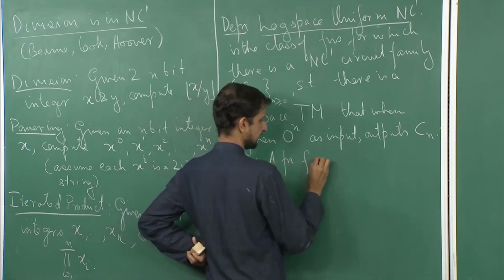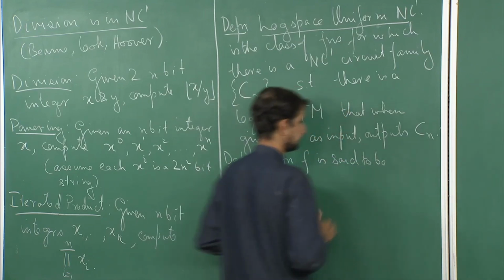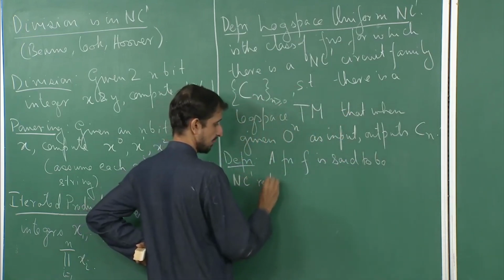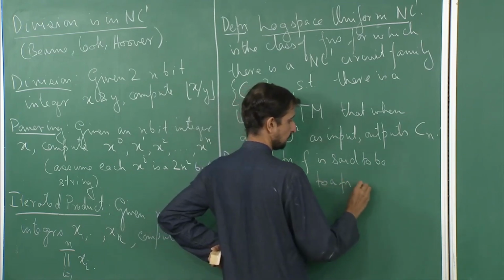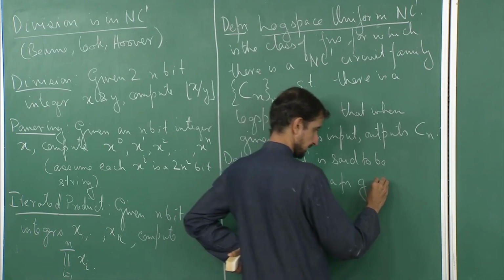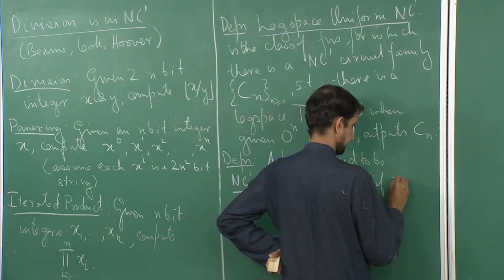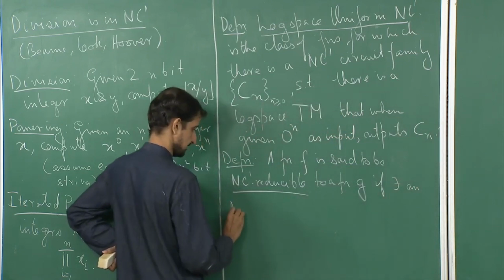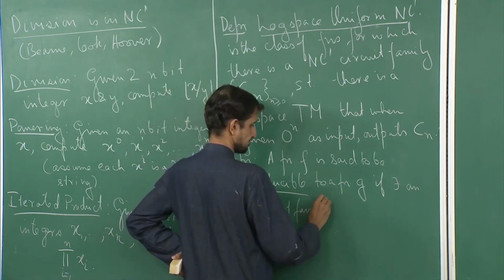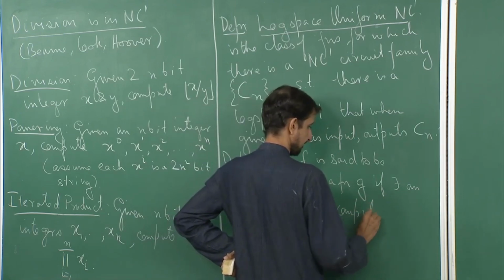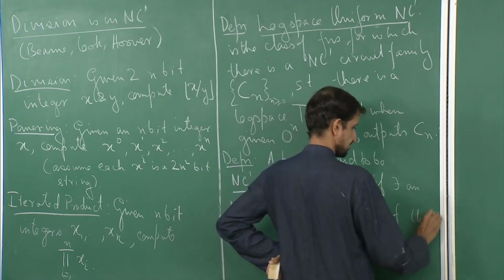A function f is said to be NC1 reducible to a function g if there exists an NC1 circuit family computing f that, in addition to the usual gates, has oracle gates for g.